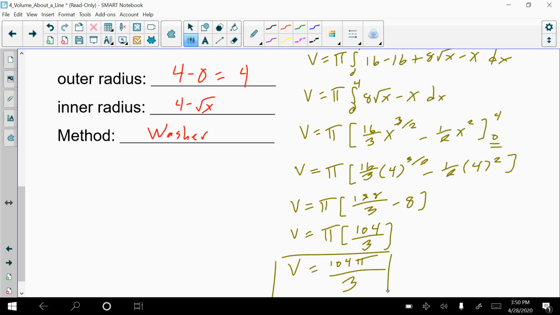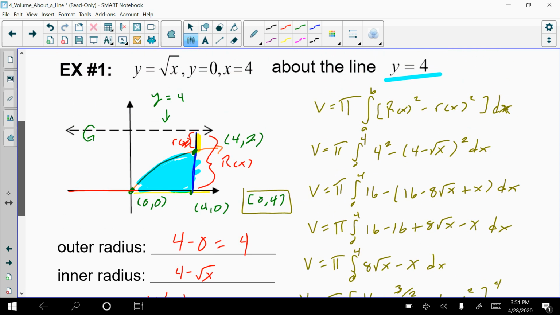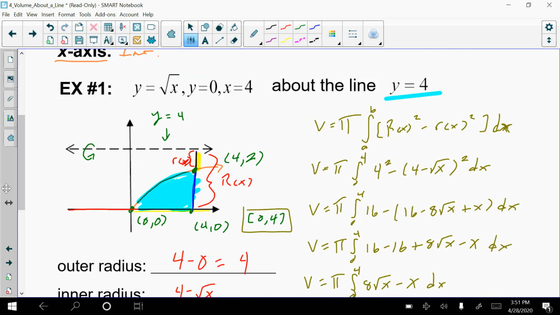So if you feel that you're doing something pretty similar to what you've done previously finding volumes, you are. You've found the washer method, something that we had to do previously in our curriculum. The difference is that now we're going to be revolving around a line that's not the x-axis, like in this case here, or not the y-axis.